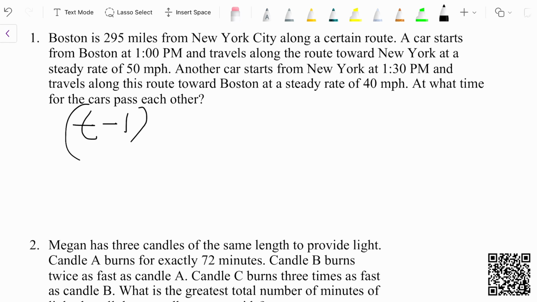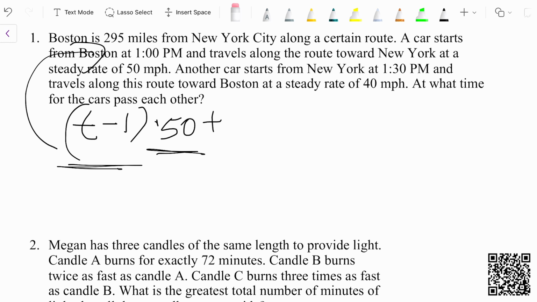And then you multiply by the speed it was going at, which was 50 mph. So this is going to be equivalent to the distance that they have traveled, because this is the time and this is the speed, so it equals the distance.